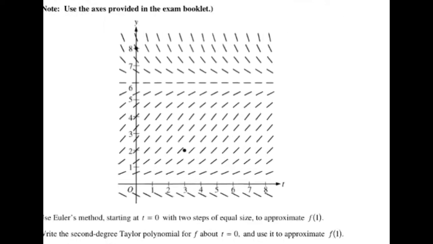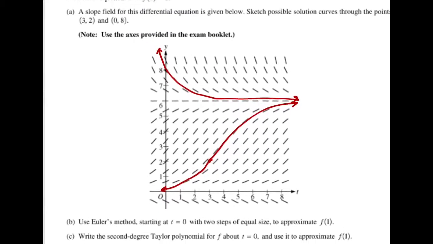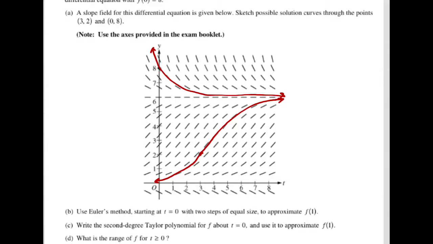So if I started right there, and then go up and then something like that, and then come down and something like that. Easy. And if I was up here, I could go like that. So that's ridiculously easy. You're just following the contours of the slope field, and there you go. Those are the possible curves.